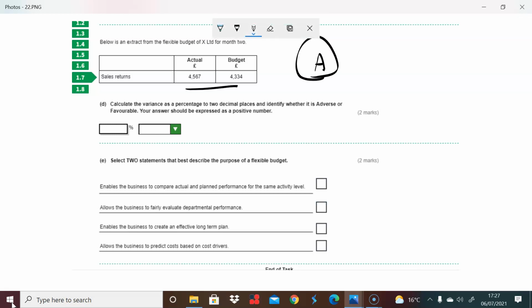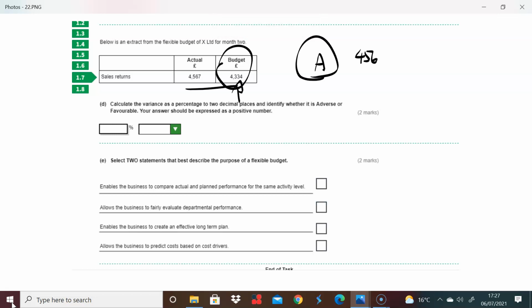The question here is just to what effect. So because we start with the budget, and we're now talking about actual, the difference is looked at as a percentage of the budget. So I've always talked about that. This is the starting point. So 4567 minus 4334 is equal to 233.